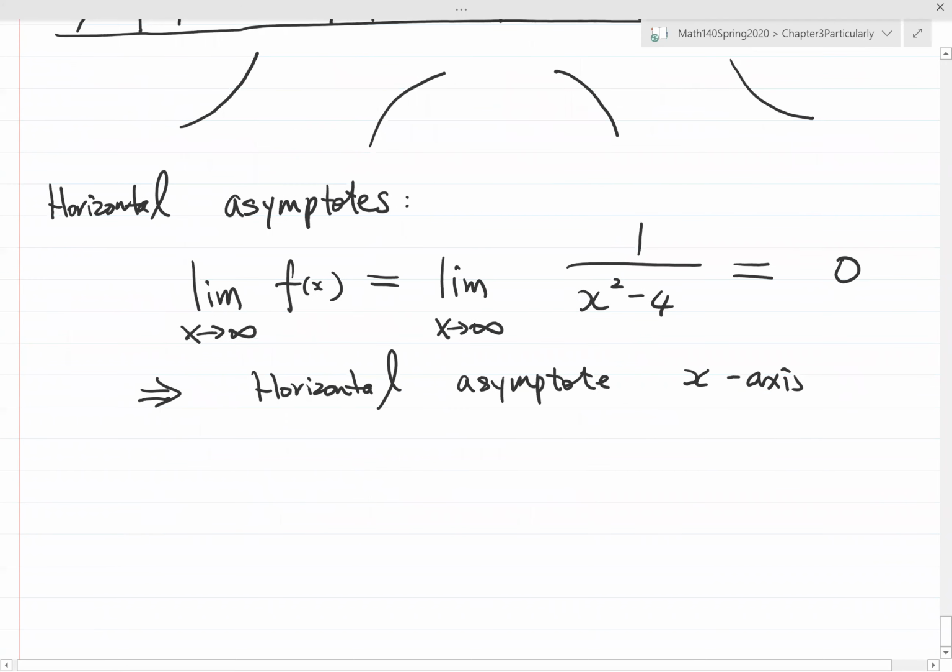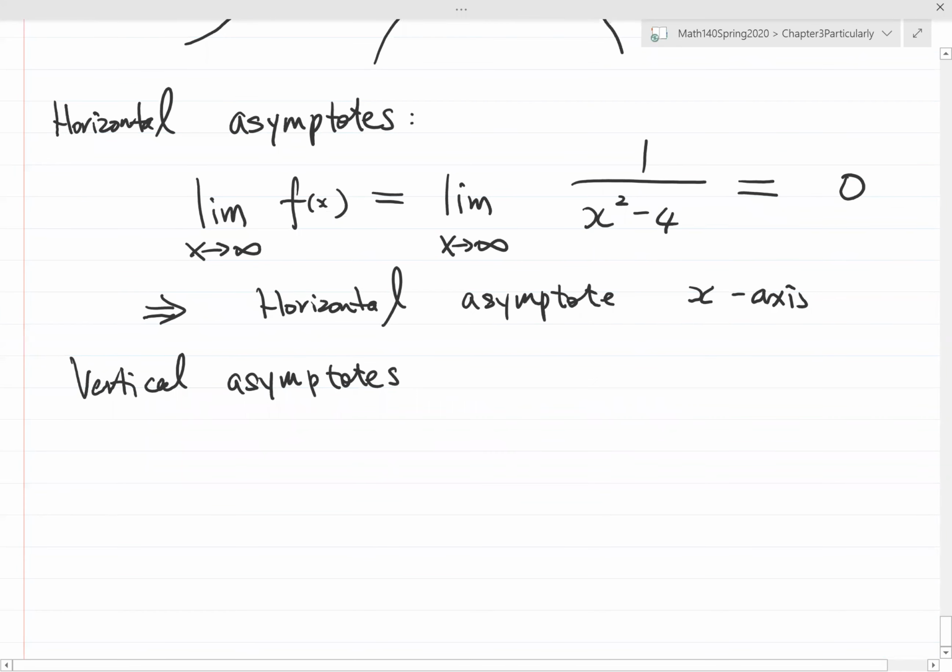Now, how about vertical asymptotes? We need to find when the y value approaches infinity. As the denominator approaches 0 and the numerator is fixed at 1, the value can be arbitrarily large.